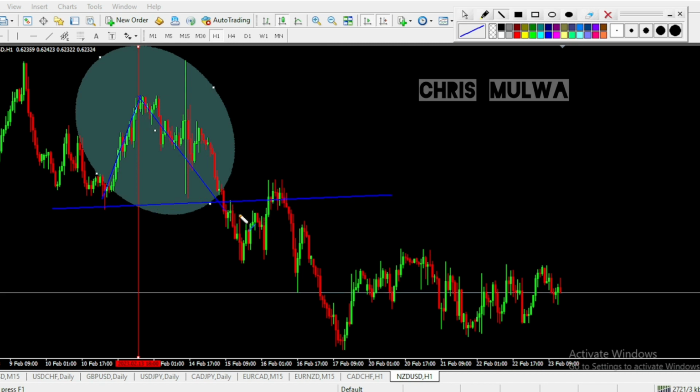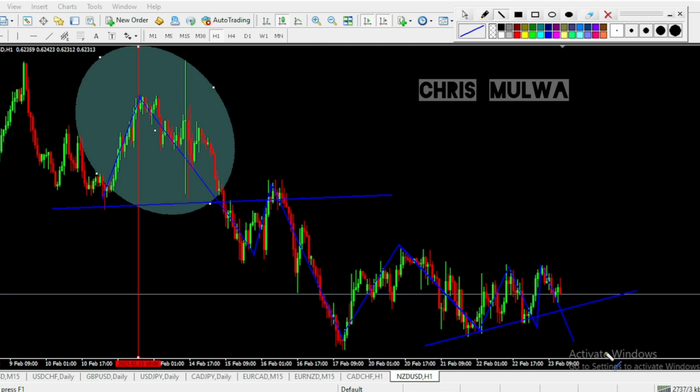It broke the low, continued going up, down, up, down, up, down, up. Now it is here. This is what we have looked at. So we are expecting this market to go down the way it went, and probably break this by tomorrow, the way it broke here.